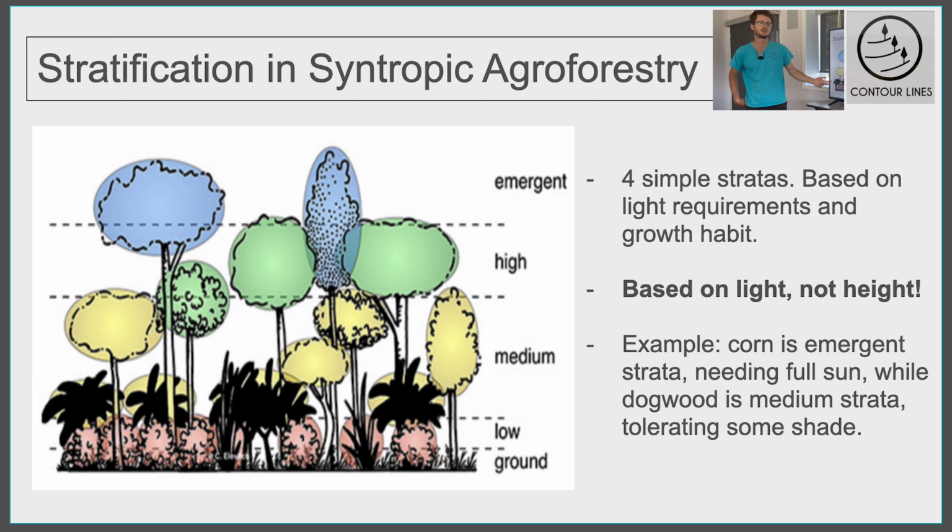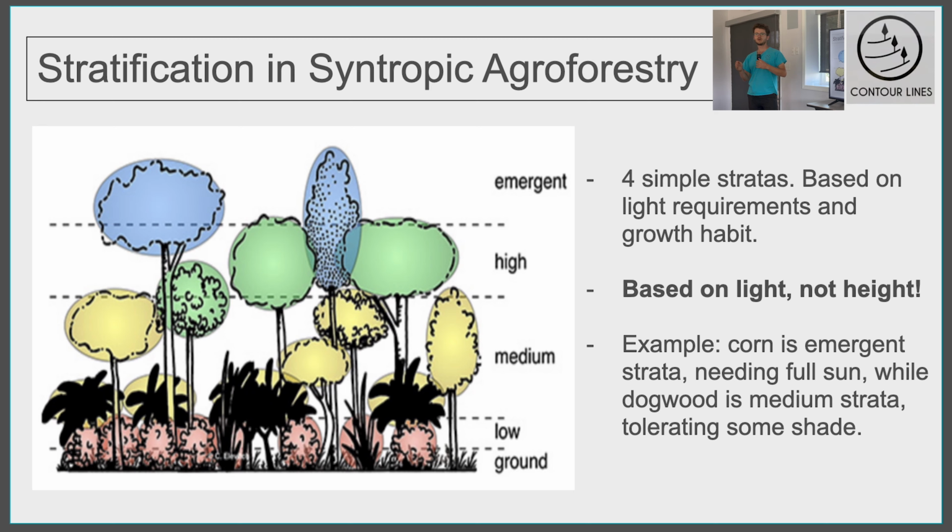And yeah, I just talked about stratification, but this is simpler language within syntropic agroforestry that I found helpful and that answered some confusion I had when I was learning about the different layers of the food forest, because you hear all these terms: canopy, subcanopy, understory, overstory.